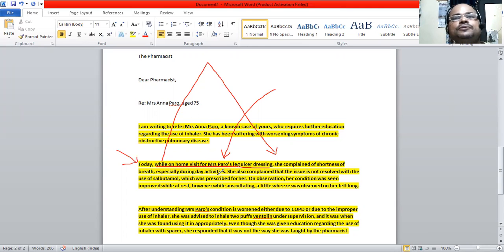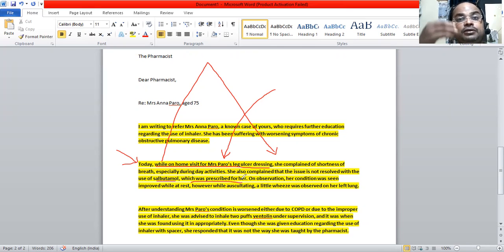This happens during the day activities, she complains, and it is not there at night. She also complained that the issue is not resolved with the use of salbutamol, which was prescribed for her. Yes, we have to understand that salbutamol is something which was prescribed for her.